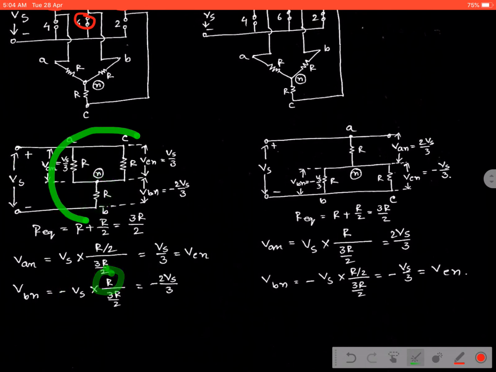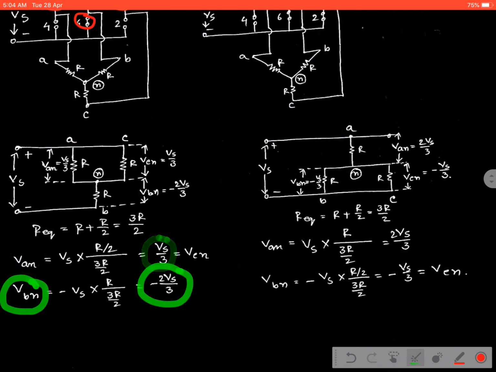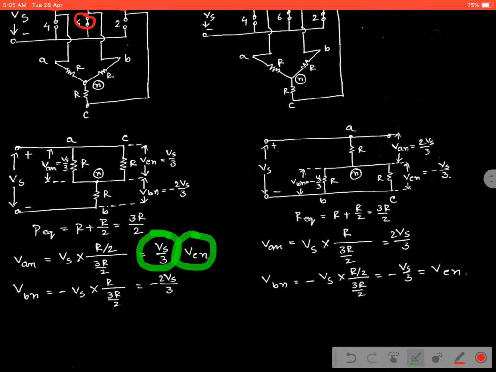So the result is minus Vs by 3 as B is connected to the negative terminal of the supply voltage. That is why VBN equals minus Vs by 3. So ultimately we have got three results: VAN equals Vs by 3, VBN equals minus 2Vs by 3, and VCN equals Vs by 3.